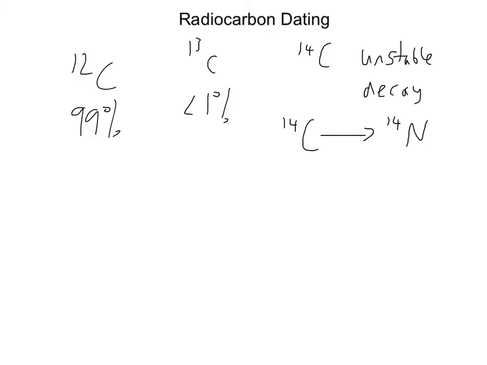Now these three different types of carbon are known as isotopes, and they will all combine with oxygen to form carbon dioxide in the atmosphere. Some molecules of carbon dioxide will have carbon 12 in.